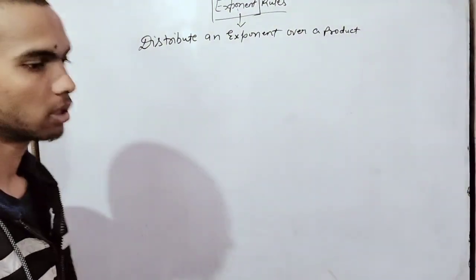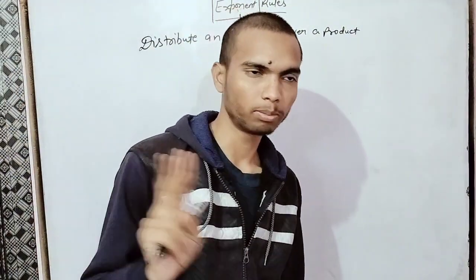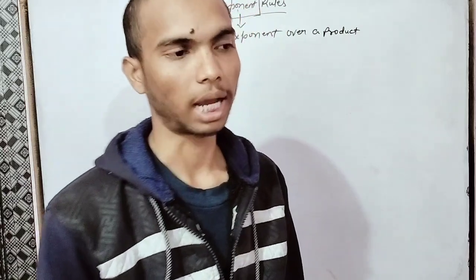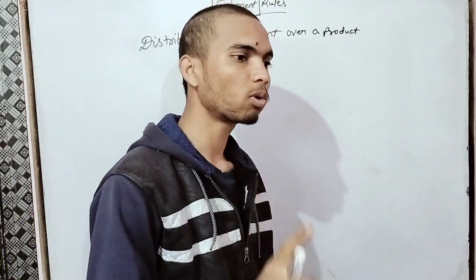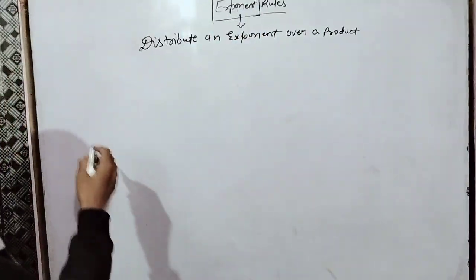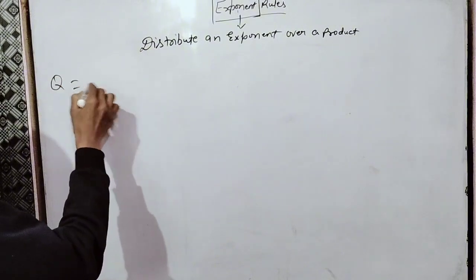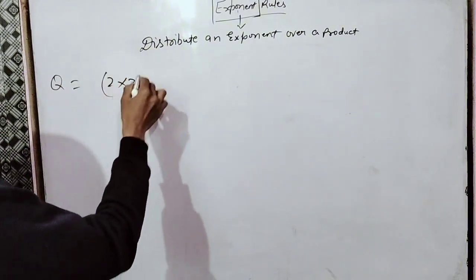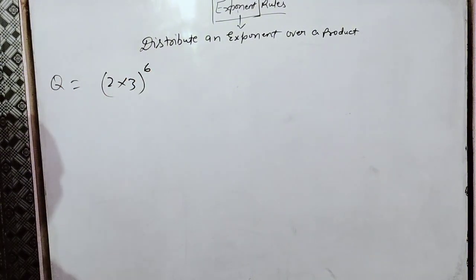What would the base be? The base can be different or the same, but the exponent would be common. The question is 2 multiplied by 3, with a 6 exponent.